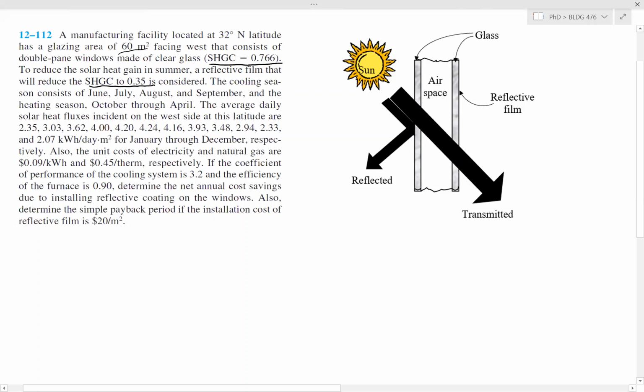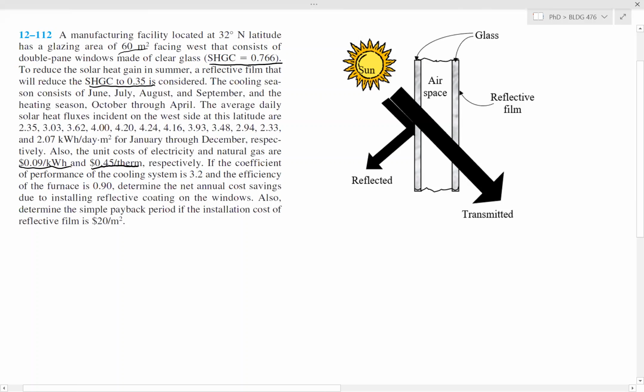And then we know electricity cost and natural gas cost. And we're given the coefficient of performance of the cooling system, 3.2, and the efficiency of the furnace, which is 0.9. Determine the net annual cost savings of coating the windows.